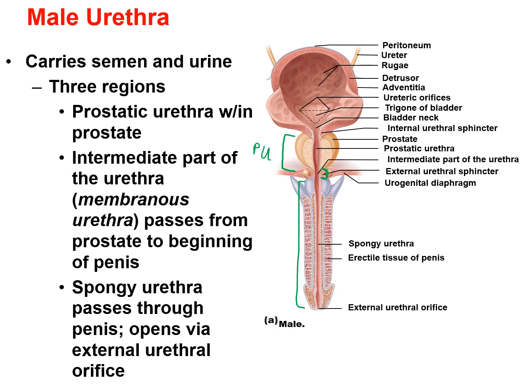The male urethra also differs from the female urethra in that it is going to have dual function. It is going to be part of the urinary system because it's going to carry urine from the bladder and out, but it also is going to be part of the reproductive system because it will carry semen. So the male urethra is technically best thought of as a urogenital organ because it's involved in both carrying urine and semen.